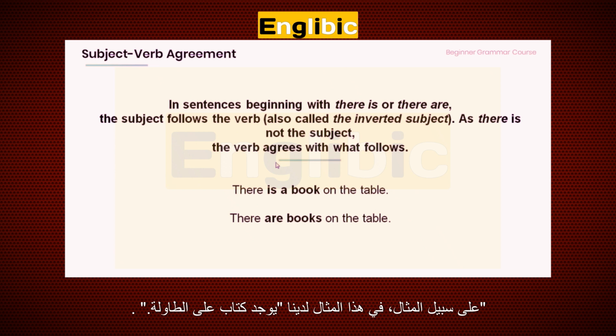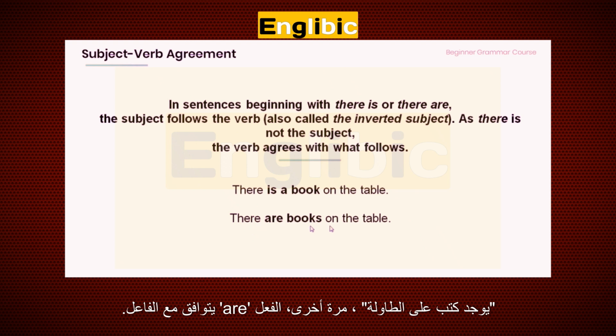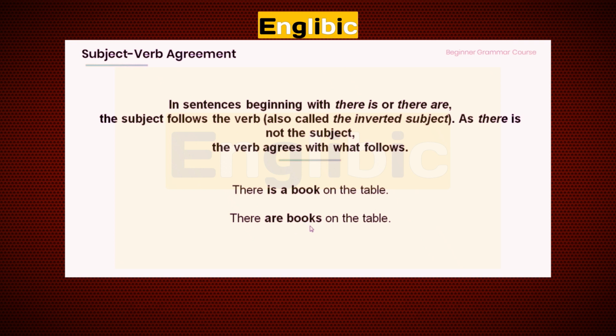For instance, in this example, we have there is a book on the table. There is not the subject, book is. So the verb must agree with what is followed. Book. There are books on the table. Again, are agrees with the subject books, which is in its plural form.